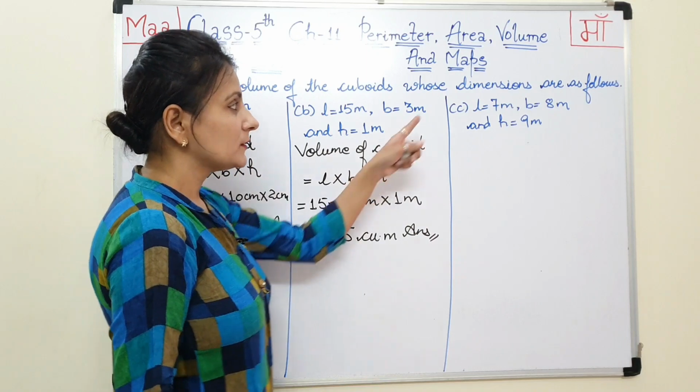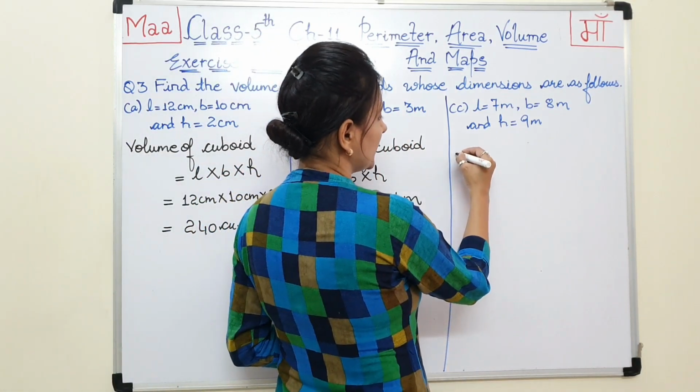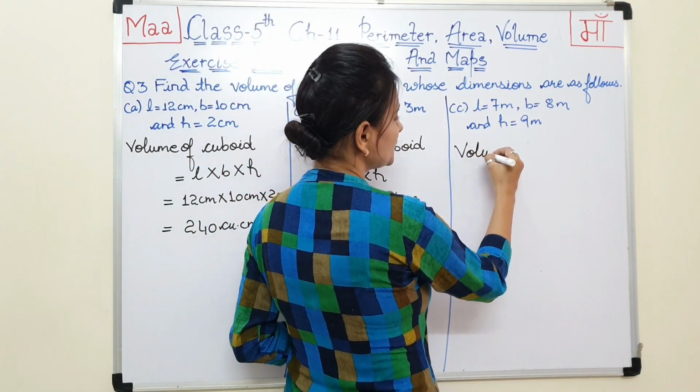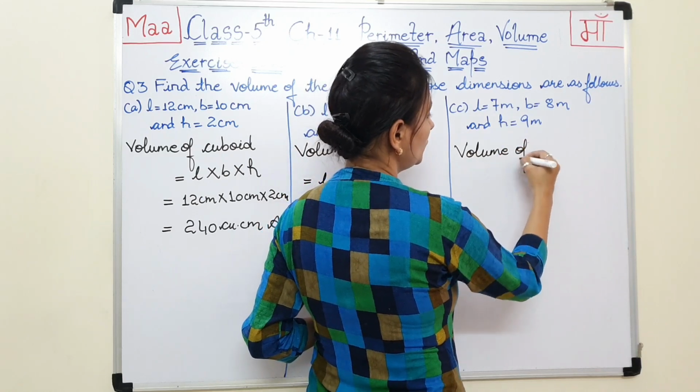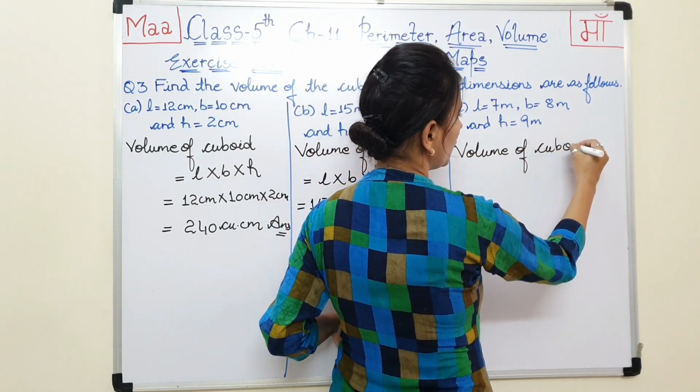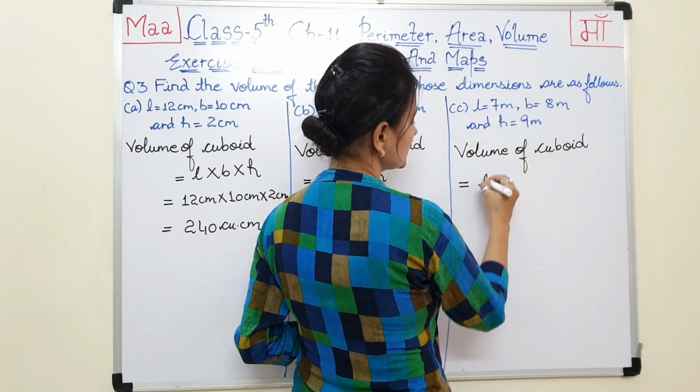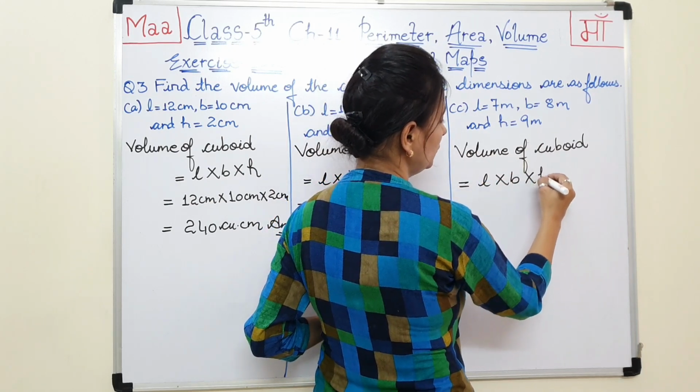Okay. Now the C part, it is again the dimensions of cuboid that are given. So we will put the formula of volume of cuboid, and again it is length into breadth into height.